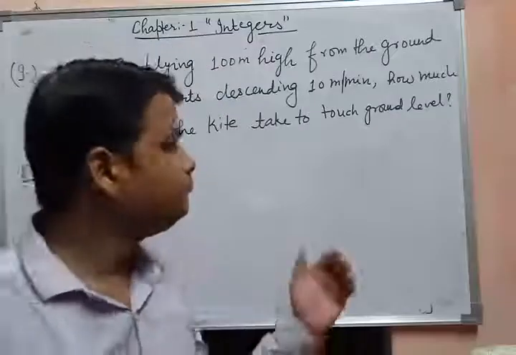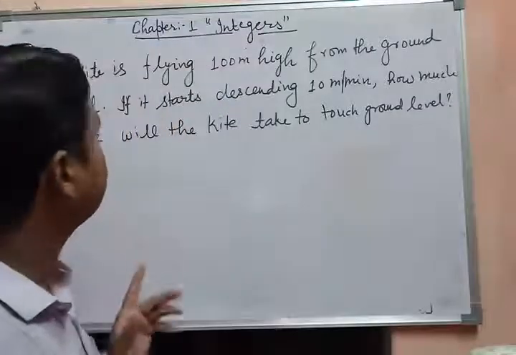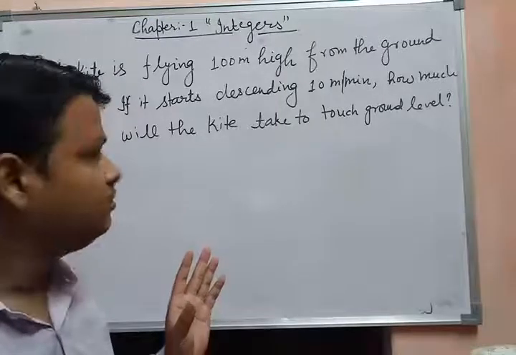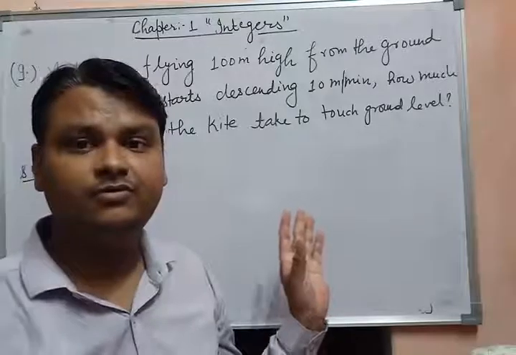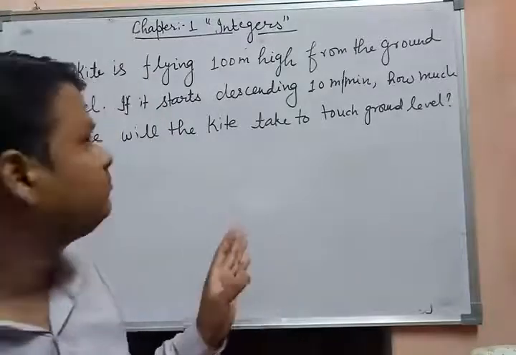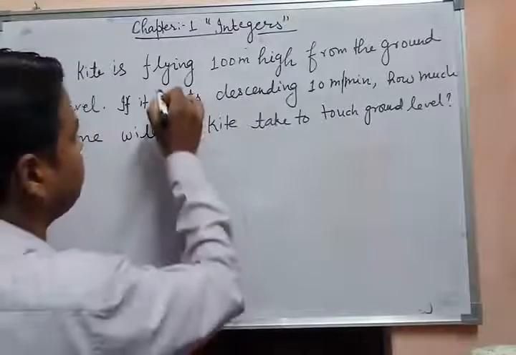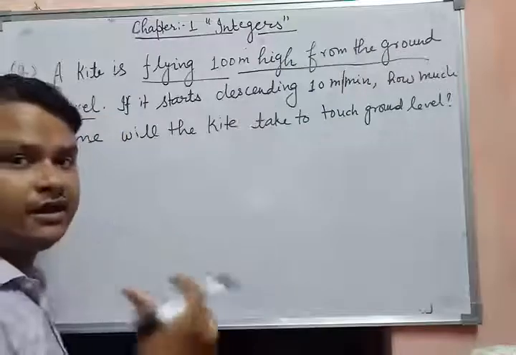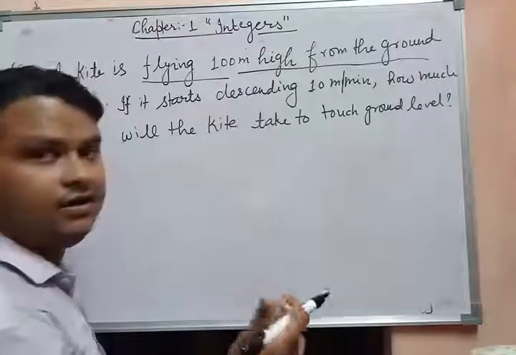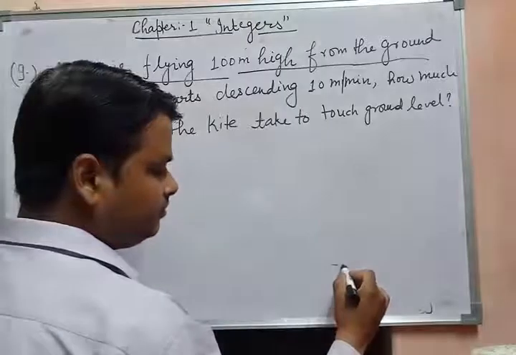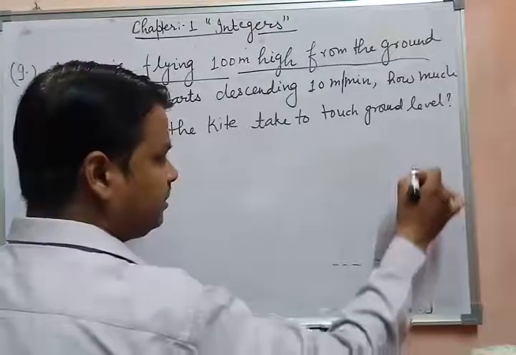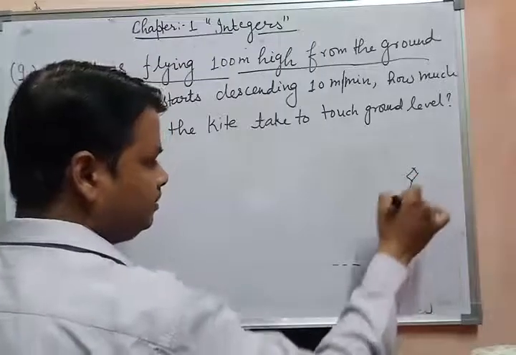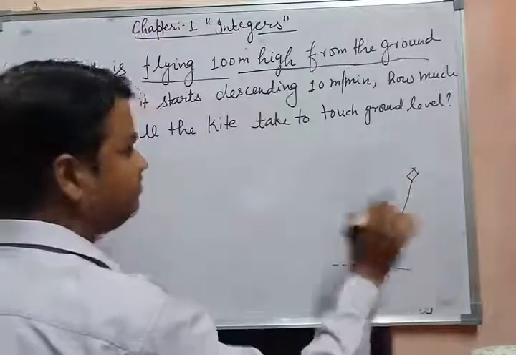Now we have to move on to question number 9. Question number 9 is a word problem, and before solving a word problem you have to read the question very carefully. A kite is flying 100 meter high from the ground level. For example, this is the ground and this is the kite, and the distance from ground to kite is 100 meter.